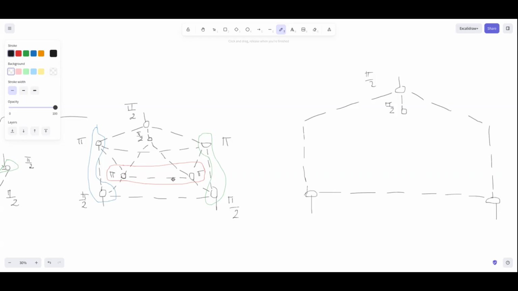So we have pi and pi, so we just add pi to pi over 2, which is 3 pi over 2, which is minus pi over 2, because 2 pi is 0, so it's 0 minus pi over 2, so it's minus pi over 2. But you can write 3 pi over 2, it's equal. That's it.